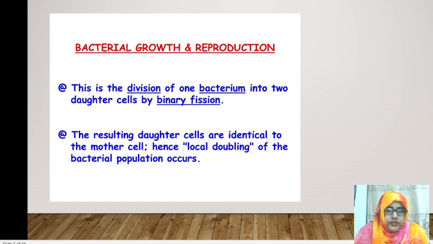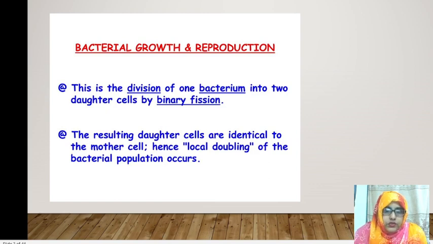Growth and reproduction of bacteria. This means how bacteria grow and reproduce, how bacteria increase their number. This is basically division of one bacterium into two daughter cells by the process of binary fission.